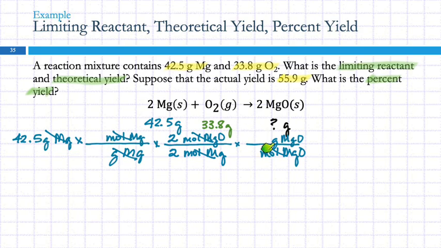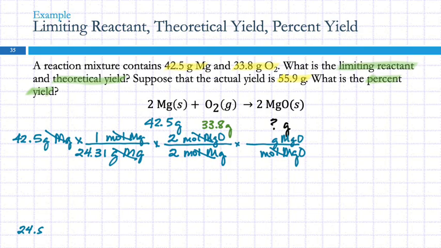The first and the last one are going to be molar masses. The magnesium is easier because magnesium is an element, so we just look at the periodic table, 24.31. 24.31 grams is 1 mole of magnesium. And we do have to calculate the molar mass for this one.